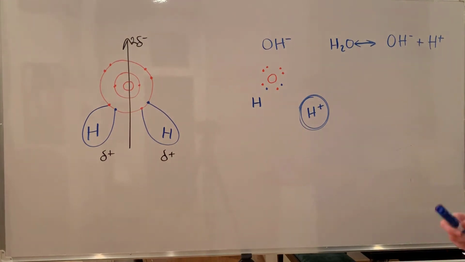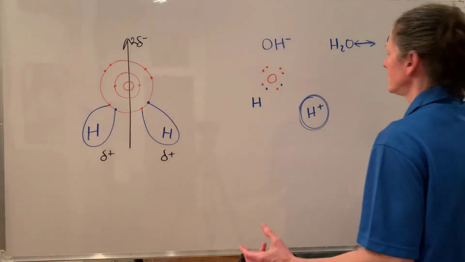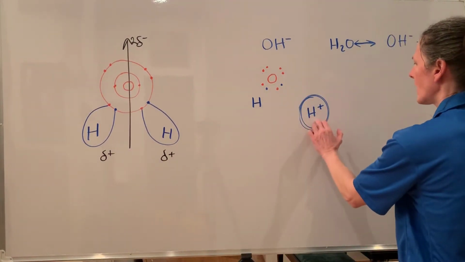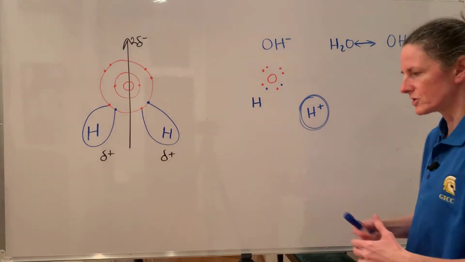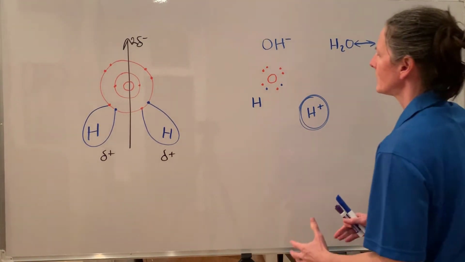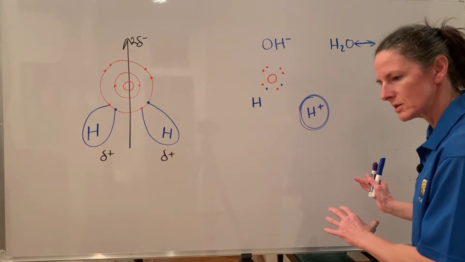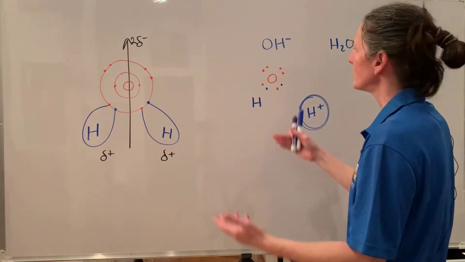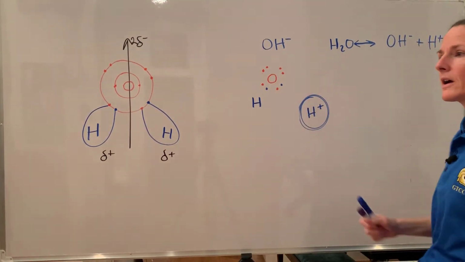And now that we have defined exactly what an acid and a base is, an acid, once again, is a hydrogen donor, or gives up hydrogen ions in solution, and a base is something that accepts hydrogen. One of our most common bases would be hydroxide ion.